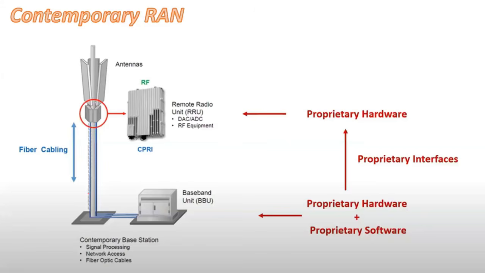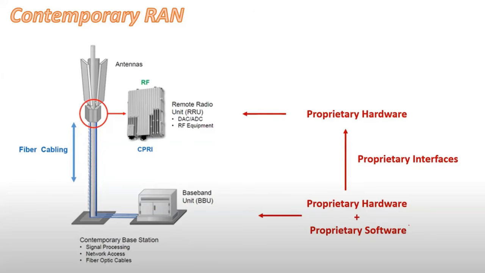But in the contemporary RAN, we have the RRU on the top of the tower near the antenna. You can see the RRU on the top of the tower near the antenna. We have the baseband unit below the tower, or maybe in some room. This RRU is proprietary hardware. The interfaces between the RRU and the baseband are proprietary interfaces. The baseband is proprietary hardware and proprietary software.